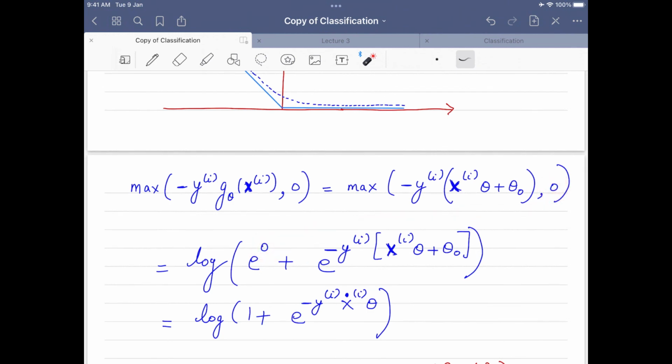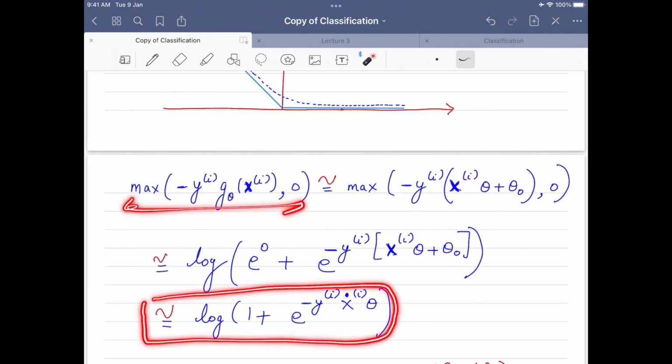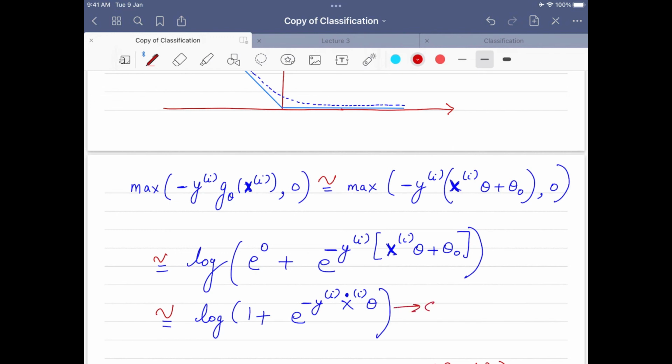Once you have this expression, which is the softer version, it has to be approximated, not exactly equal. Now e to the power 0 is 1, and this expression is this expression with a dot now. Earlier there was no dot, but now I am just representing it in a compact fashion. So you can see now the max is replaced by this softer version, which is over here.